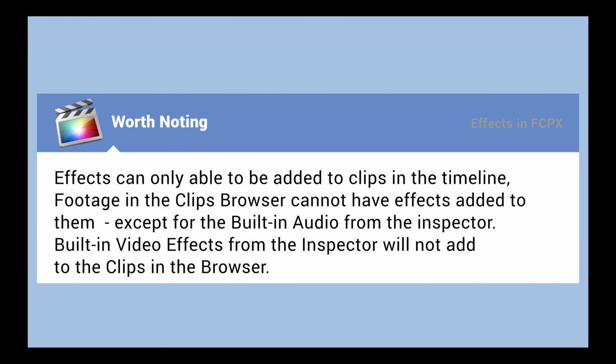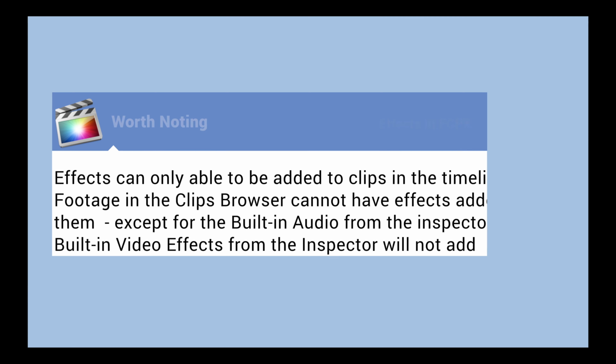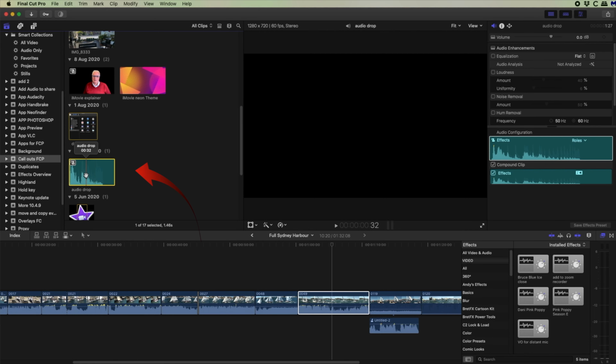It's worth noting, effects can only be added to clips in the timeline. Footage in the Clips browser cannot have effects added to them, except for the built-in audio from the inspector. If we select this clip here and we increase the volume, you can see that the volume level is being increased in the browser.